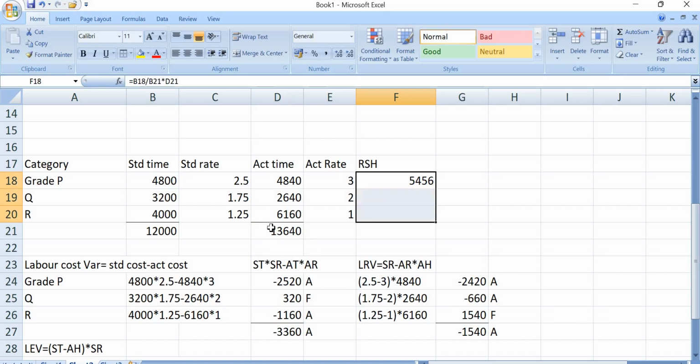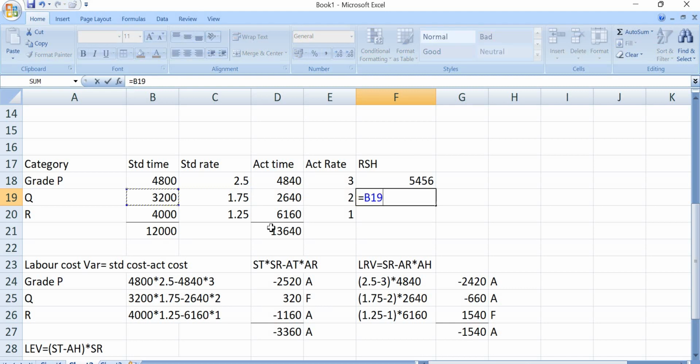So 3,200 divided by 12,000 into 13,640 in this case. So 3,337 hours, right? Then here 4,000 divided by 12,000 into 13,640.